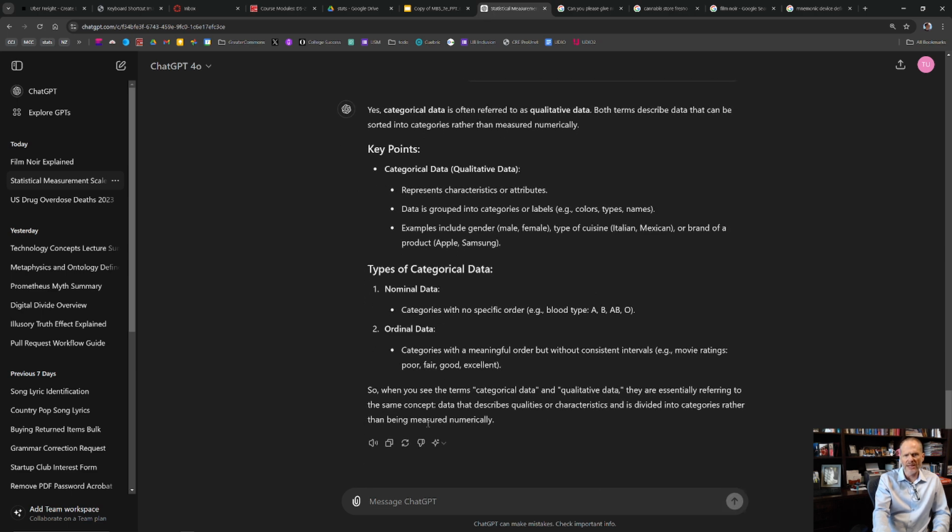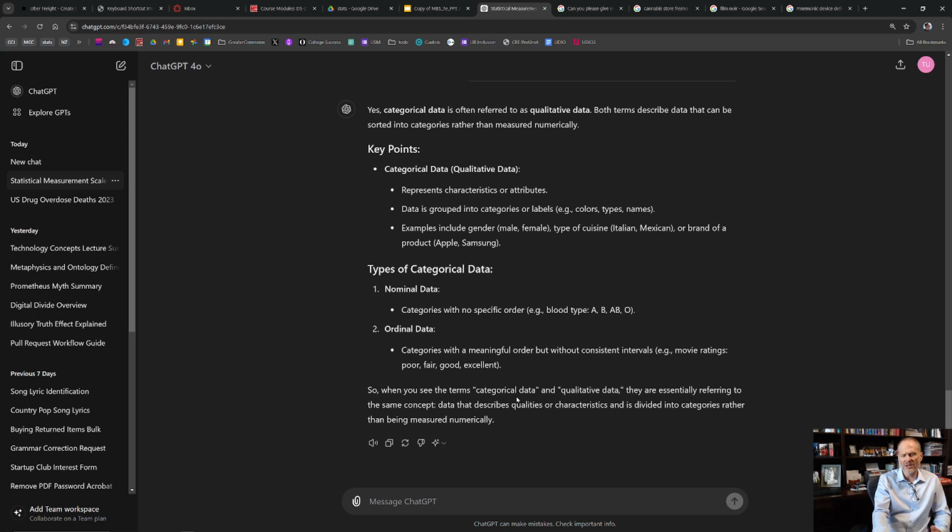Categorical data, qualitative data, represents characteristics or attributes. Data is grouped into categories or labels, colors, types, names. Examples include gender, you're male or you're female, types of cuisine, Italian or Mexican, or brand of a product, Apple or Samsung. And types of categorical data include nominal data and ordinal data, right? Categories with no specific order and categories with a meaningful order but without consistent intervals.